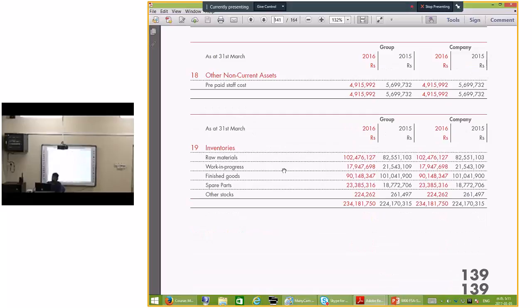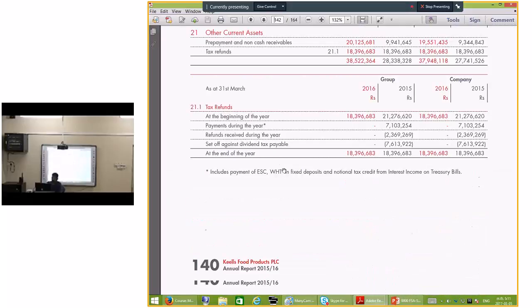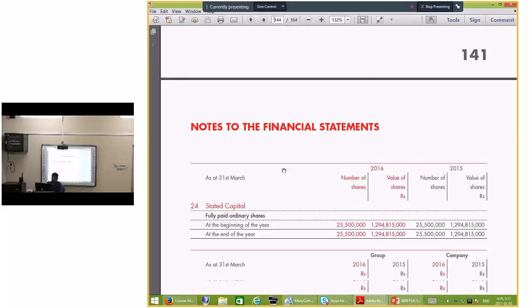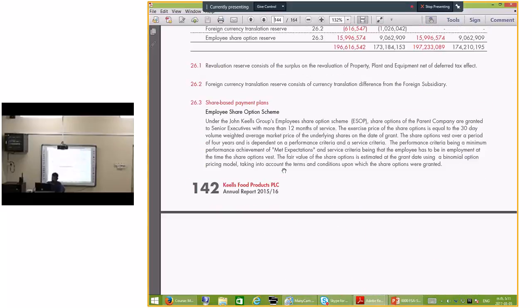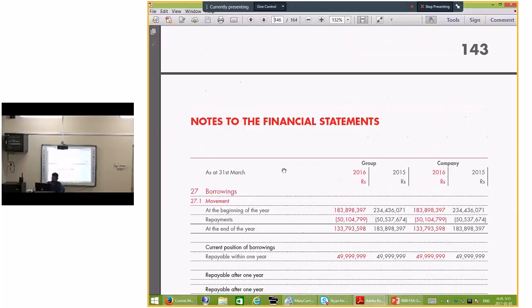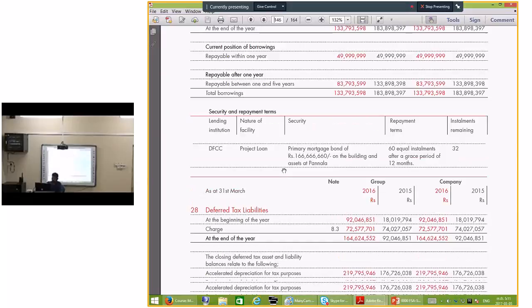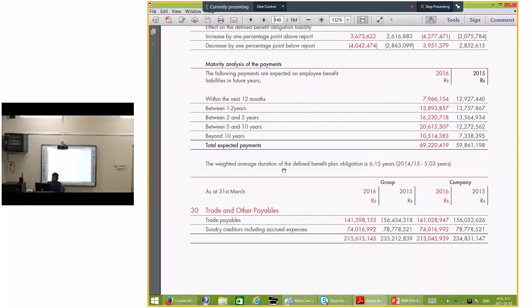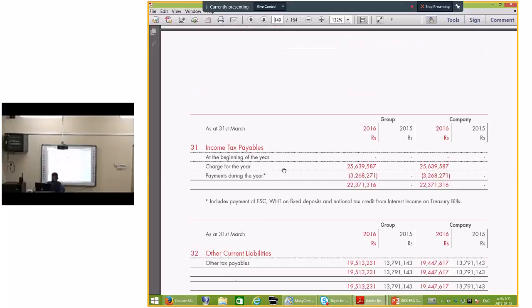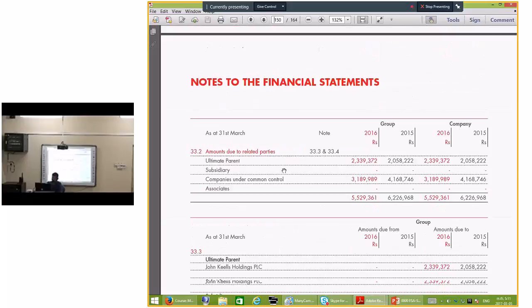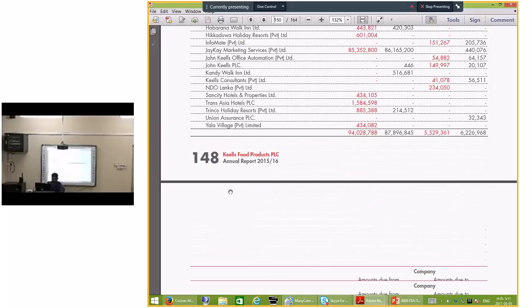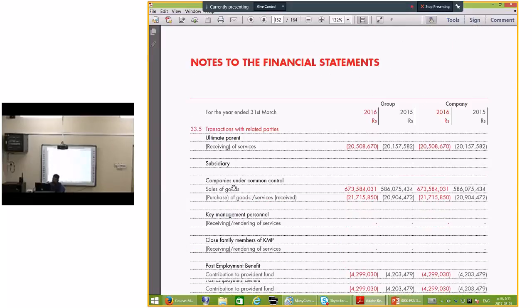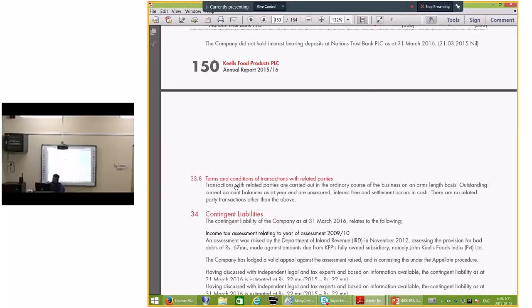They are all given along with this financial statement. Right. I think it is very much clear. This is regarding that manufacturing organization.